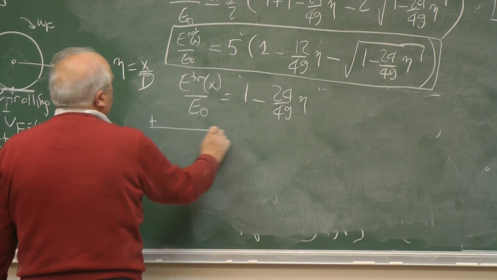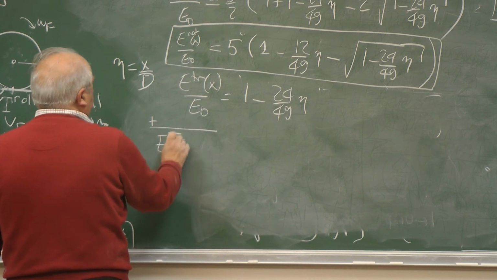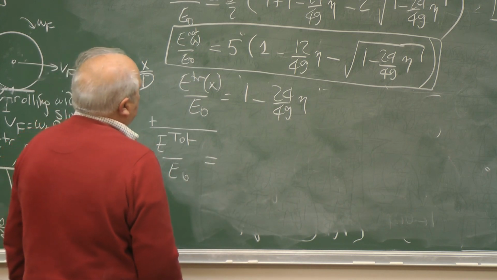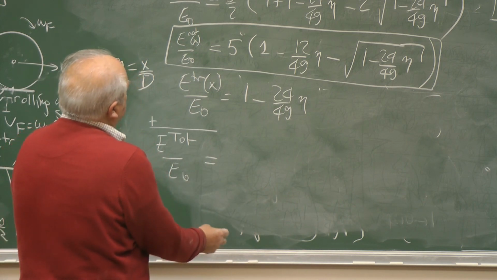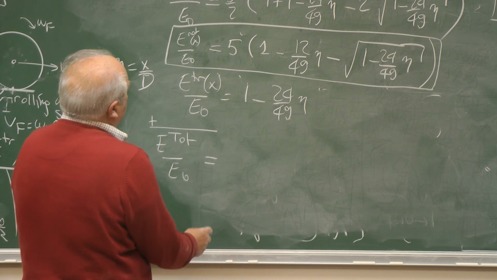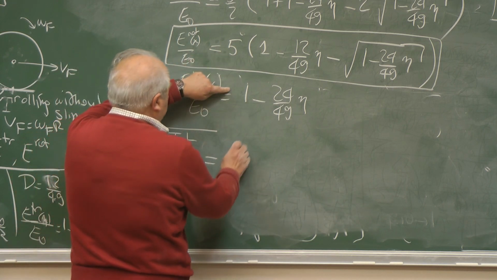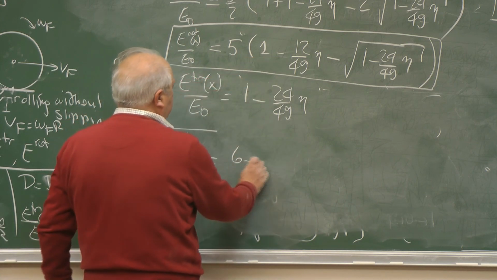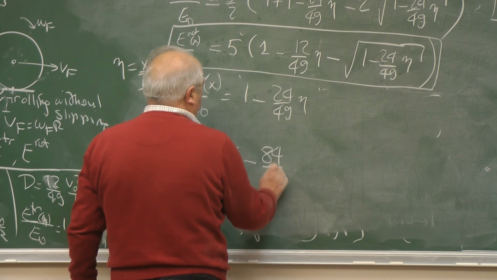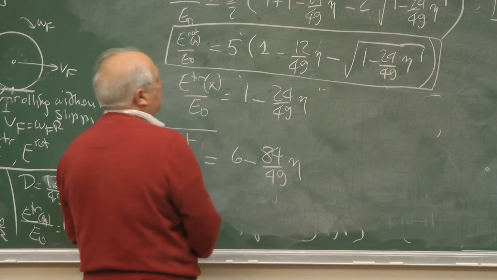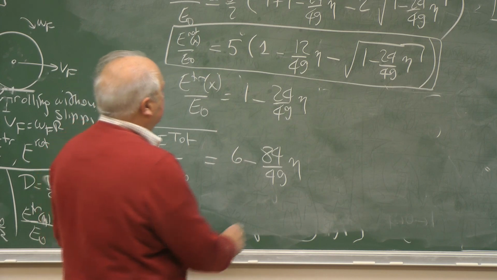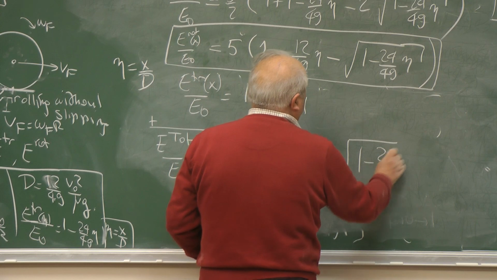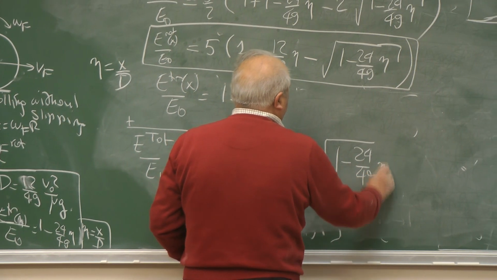And if you add them up, E total over E0 is equal to, so we have 5 plus 1, there is 6. This is 60, 84 minus 84 over 49 eta, minus 5 times 1 minus 24 over 49 eta.